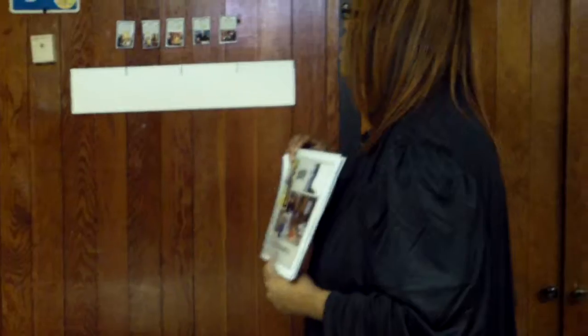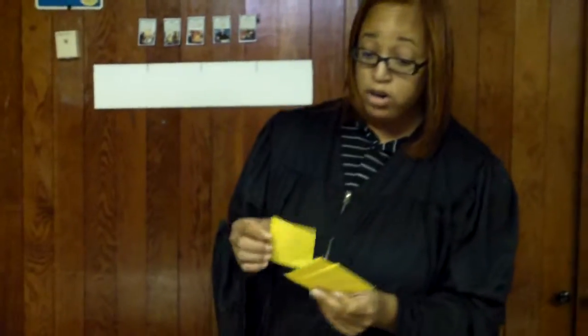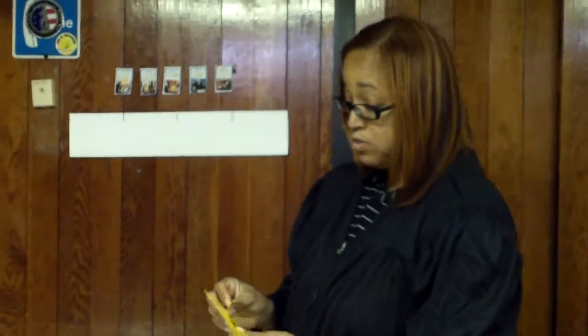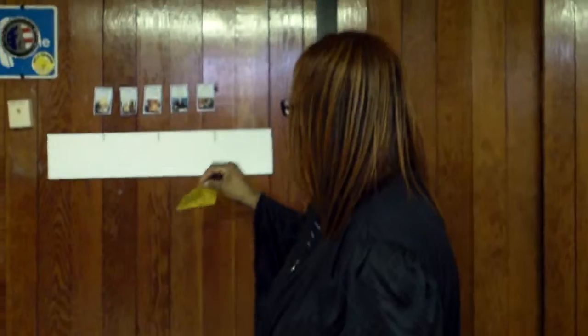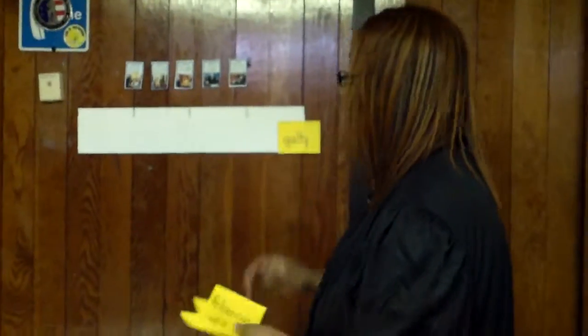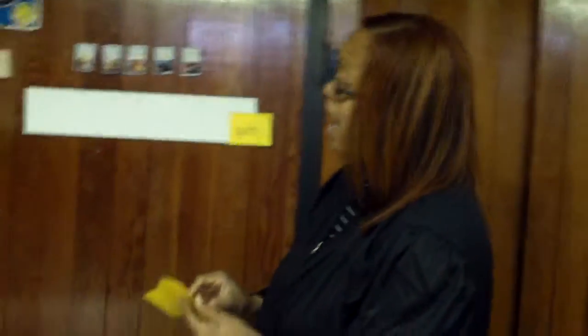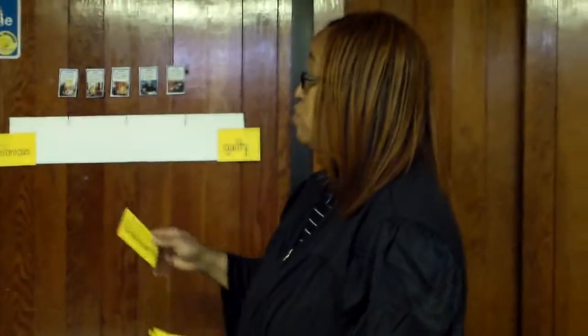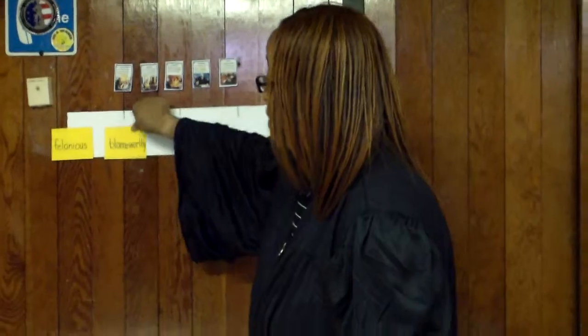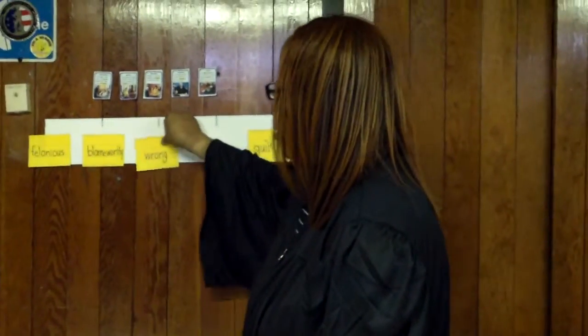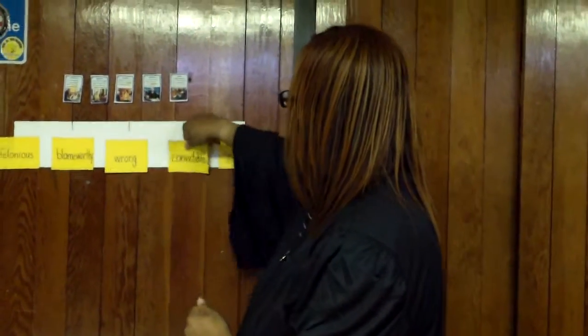So, students in pairs were given words that came from a list when they talked about the word guilty, and they were asked to just in a range determine how they would put some of these words. The words included felonious, blameworthy, wrong, and convictable.